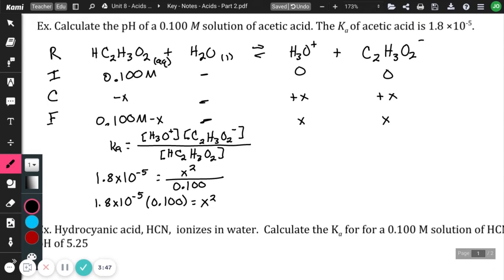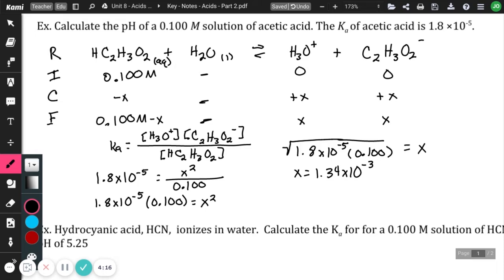So we take the square root of 1.8 times 10 to the negative 5 times 0.100, and that's going to give me my x value. So what I found is that my x equals 1.34 times 10 to the negative 3.